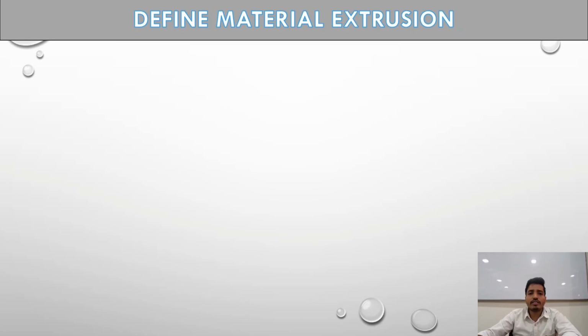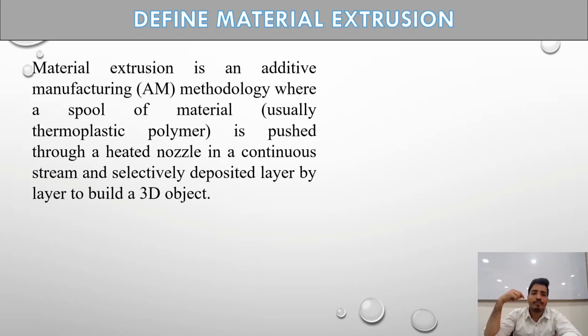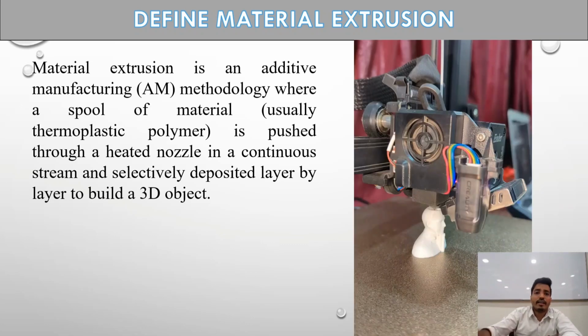Next, we'll define what we mean by material extrusion. Extrusion is nothing but how the material comes from the nozzle. That is called extrusion. And as the material is coming, it is called material extrusion. So material extrusion is an additive manufacturing methodology where a spool of material is pushed through a heated nozzle, in a continuous stream, and selectively deposited layer by layer to build the 3D object.